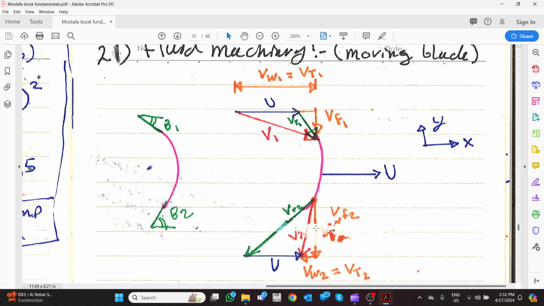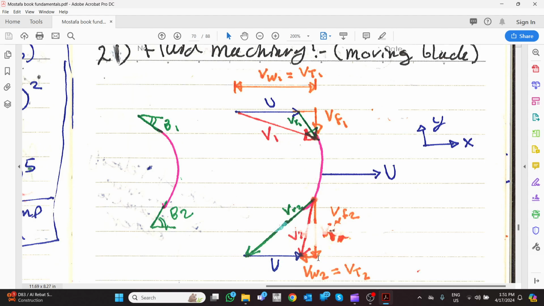And this is the vertical velocity, which is equal to the vertical component of V2 or the vertical component of VR. This is the horizontal component, and this is U. The horizontal component of V1 and the horizontal component of V2 mean how much the actual velocity had in the x direction.